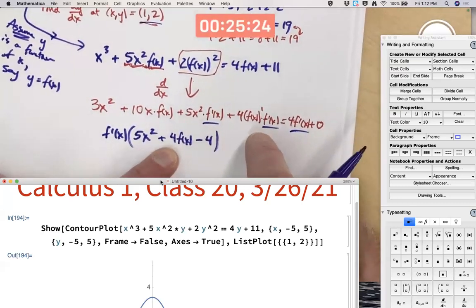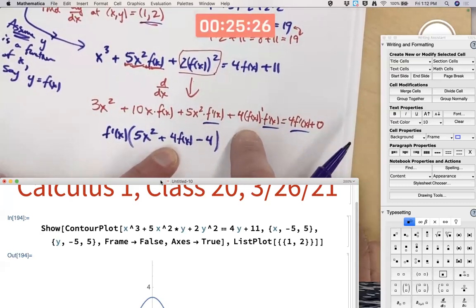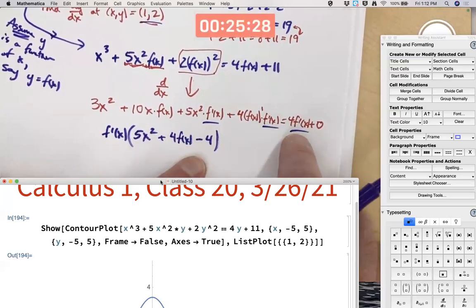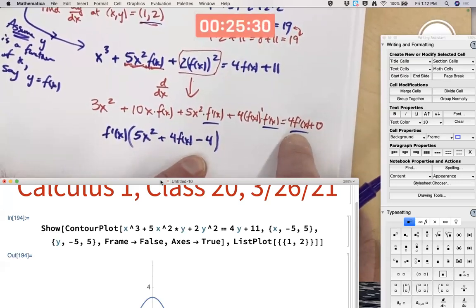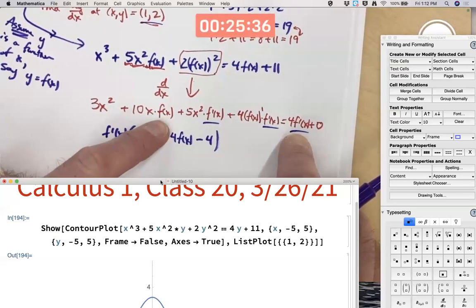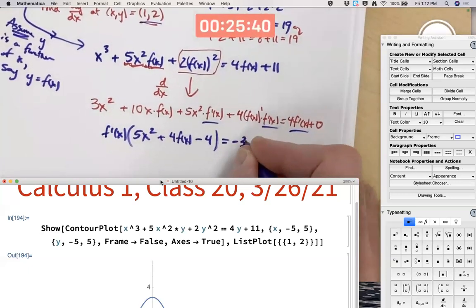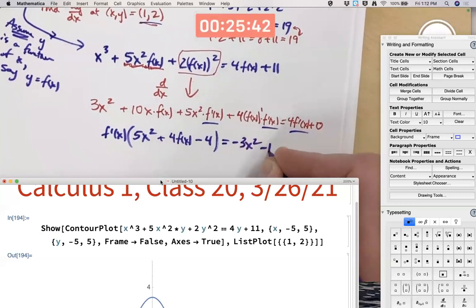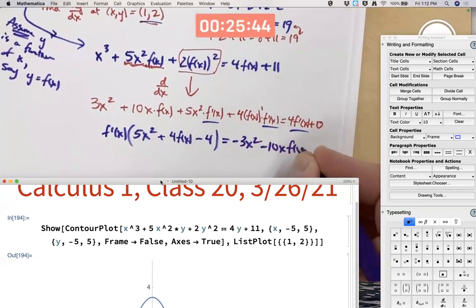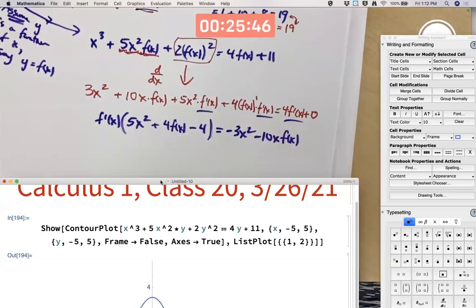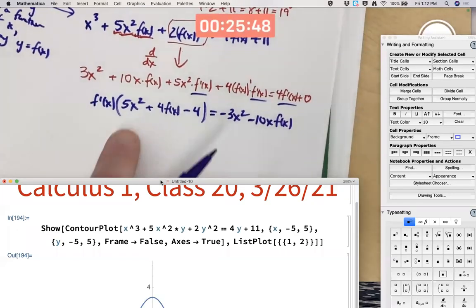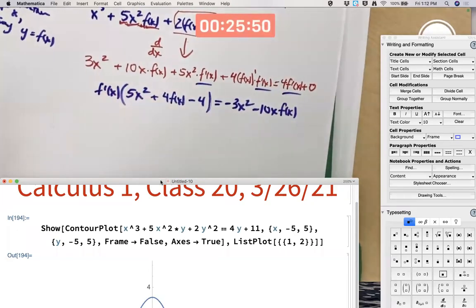The plus 4f of x comes from this term. The minus 4 comes from this term after I've subtracted it. Everything that doesn't involve an f prime, these two things, put on the other side. Subtract 3x squared from both sides and subtract 10x f of x from both sides. Now divide both sides by this thing, and you've got f prime isolated.